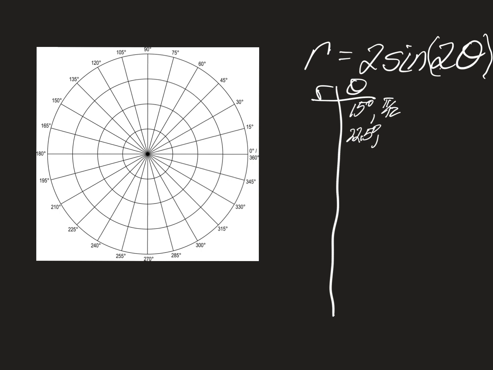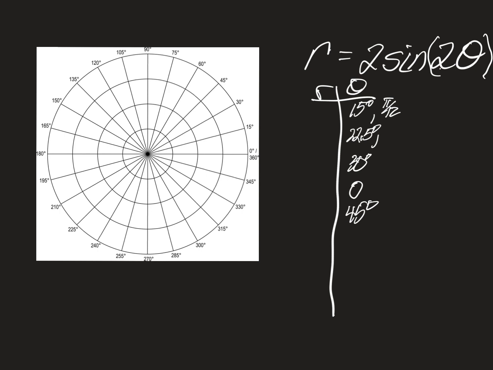Then I want to go to 30 degrees. Also, gosh, I want a 0. I want to start at 0. And then once I get 30, I want to go to 45 degrees, okay? Let's just do these first. Now we'll do the 0 first. I forgot to put that, so I apologize.